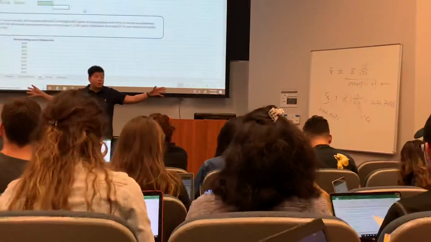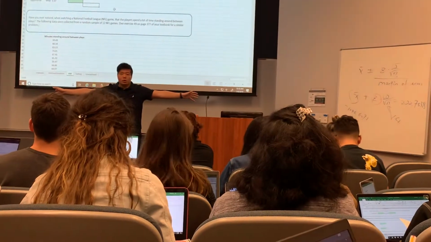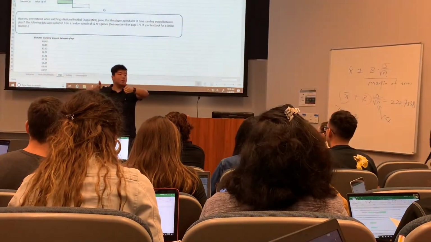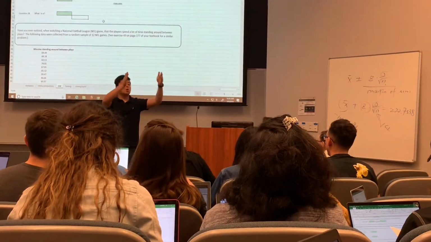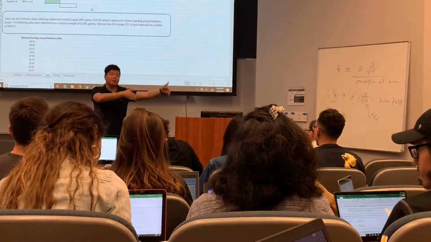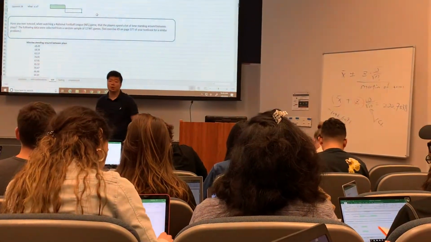What is the probability for my two tails? 3% each. I add the probability in the middle to my lower tail, which is 3%: 94% plus 3%, I get 97%.